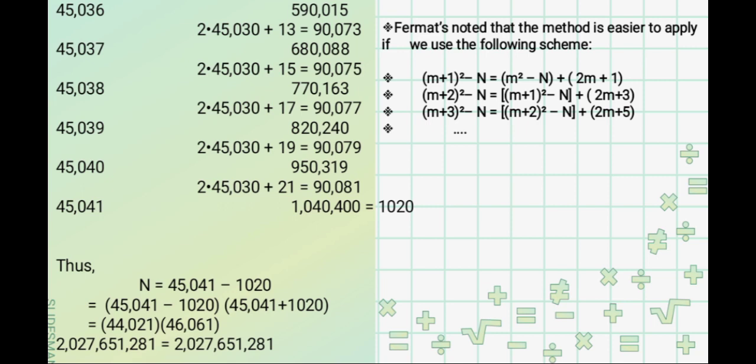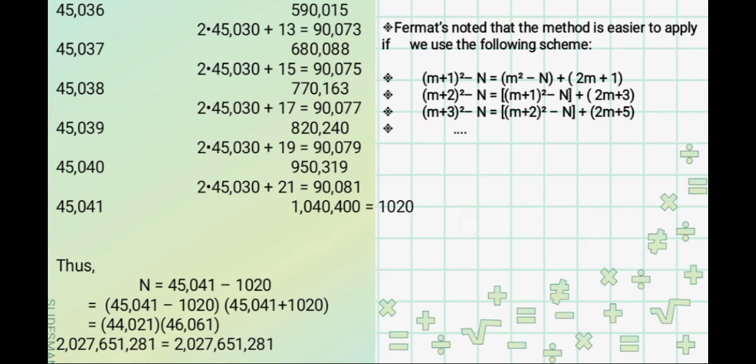So we have here ni-stop na ta sa ato ang p squared nga 1,040,400. Okay, ni-stop ta diyan. Because ang 1,040,400 is a perfect square na. Okay, so 1,040,400 is equal to 1,020 squared. Okay, so since nakapangita na ta sa perfect square sa ato ang n, which is pila ni atong n?